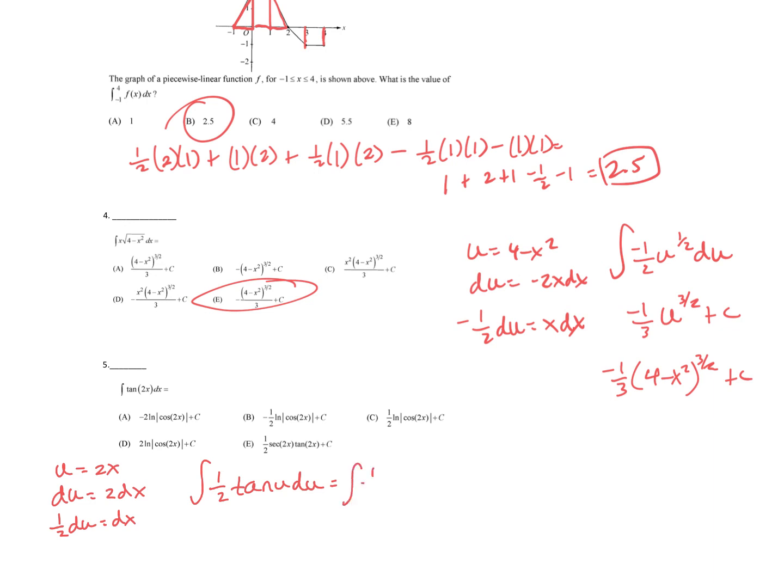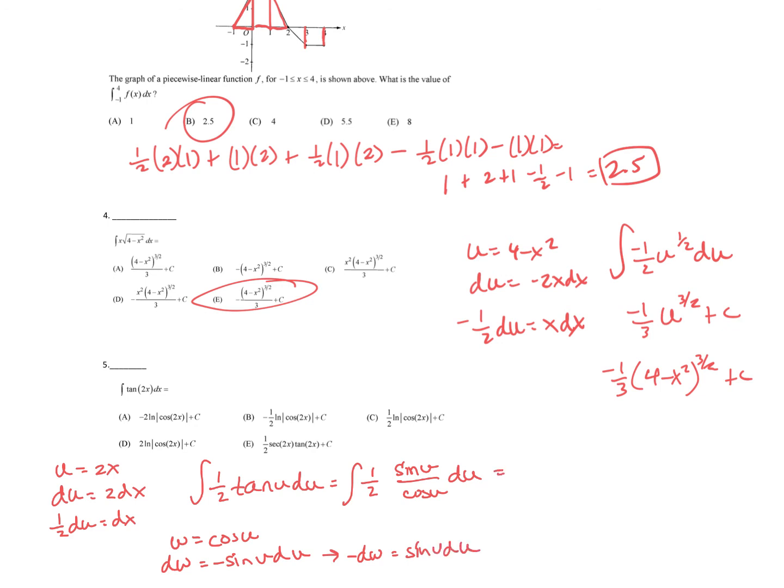So this is equivalent to the integral of 1/2 sine u over cos u du. Take the denominator as my next substitution. So now I'll say w is cos u. dw is negative sine u du. Get rid of the negative. So negative dw is sine u du.